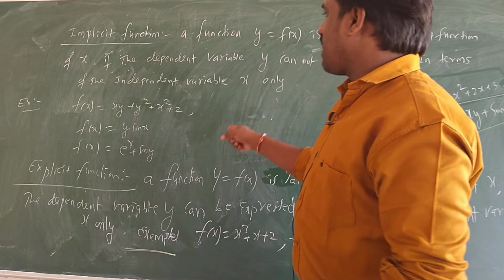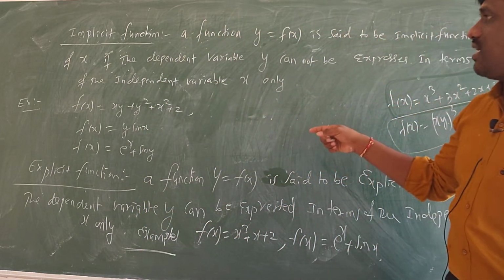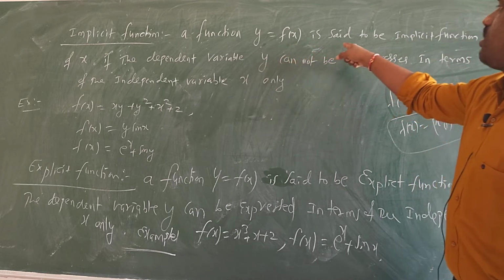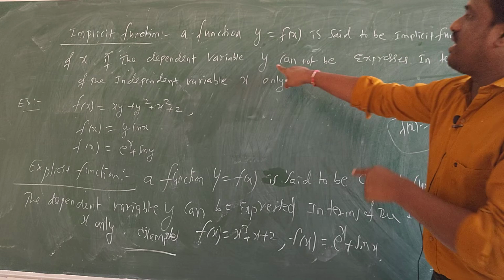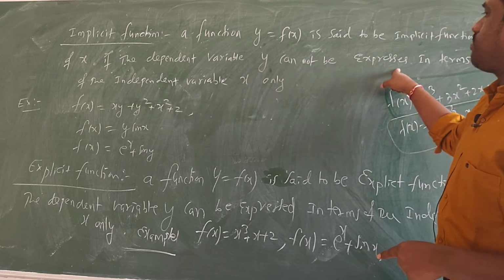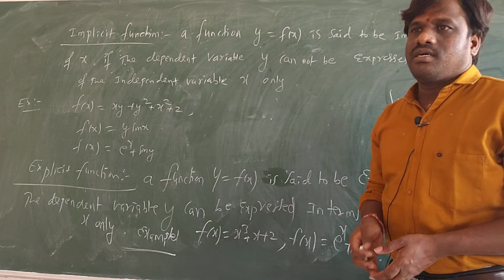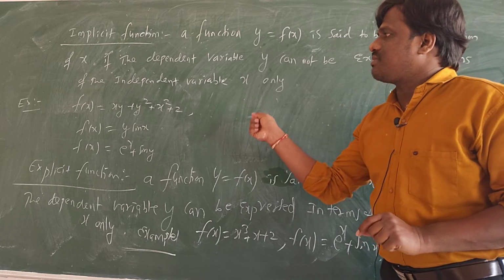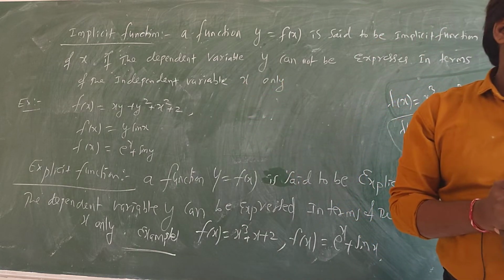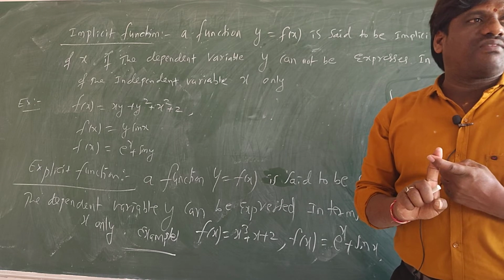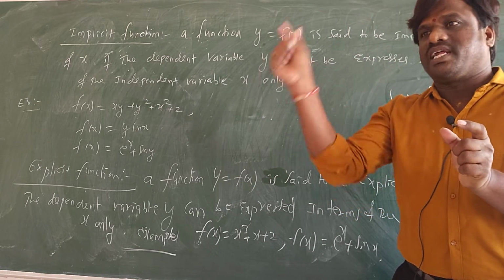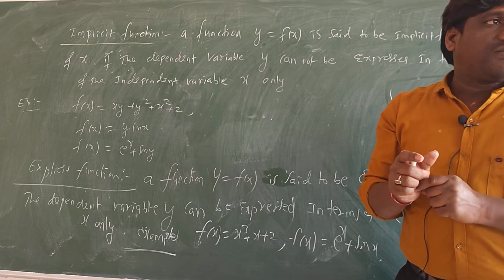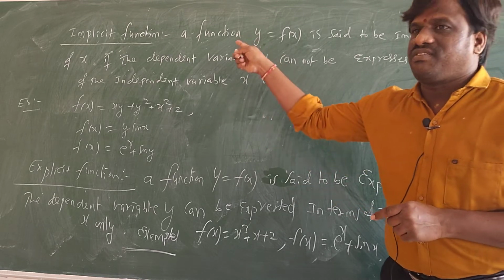So what is said here? The simple thing is, a function y is equal to f of x is said to be implicit if the dependent variable y cannot be expressed in terms of x. If I cannot write y completely in terms of x, then we can say that is an implicit function.